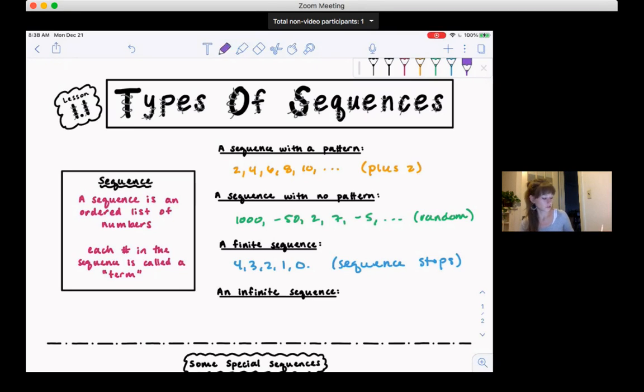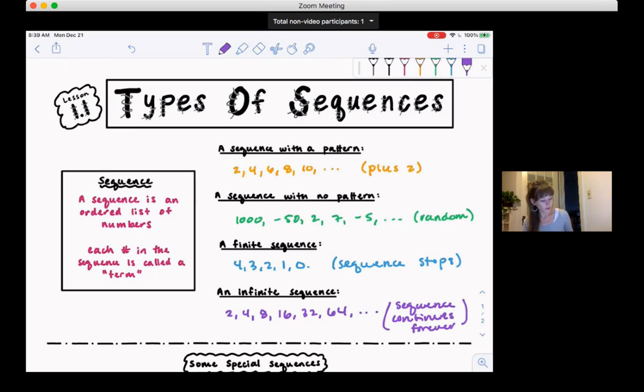So an example of that might be like 2, 4, 8, 16, 32, 64. We're multiplying by 2 forever and ever. So infinite means that it never stops. You can keep multiplying by 2, so this sequence could continue forever.